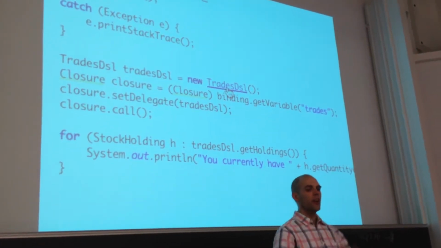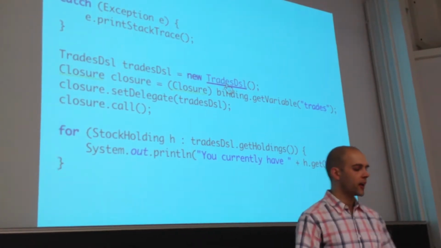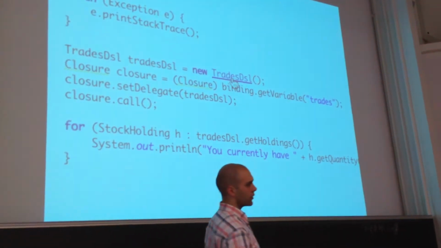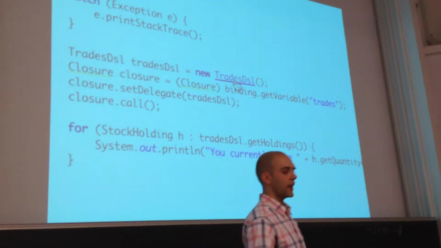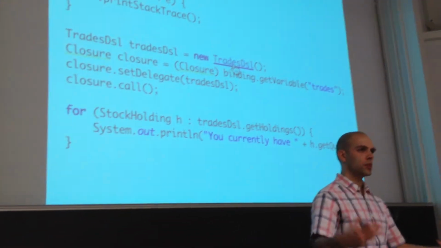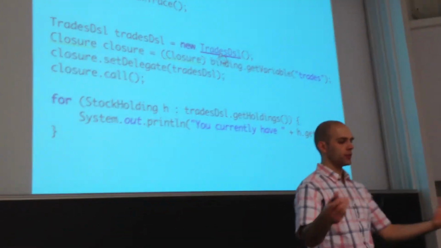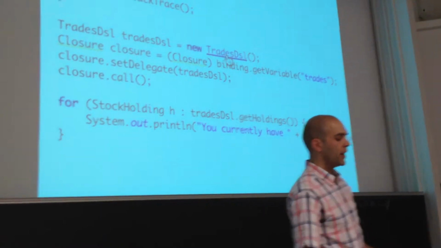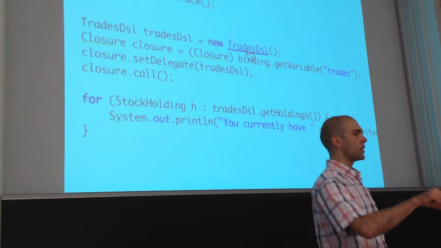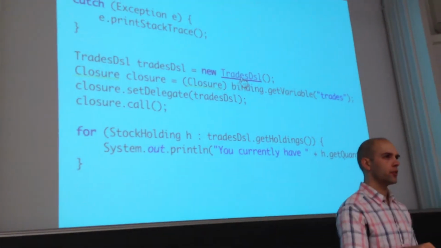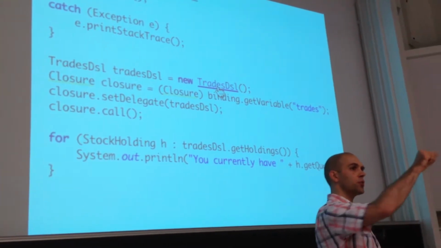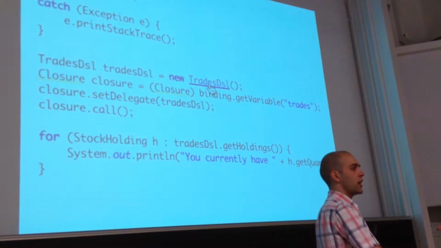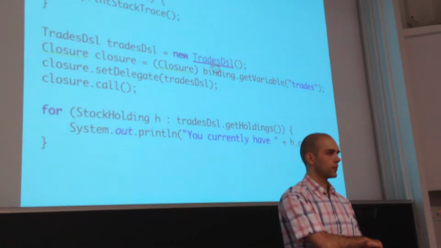So that's what we're doing here. Binding.variable trades, that's a closure. We set the delegate of the closure to a custom instance of a custom class, TradesDSL. So what's going to happen is every time there's a call to a method, it's actually going to be resolved against our TradesDSL instance. Okay?